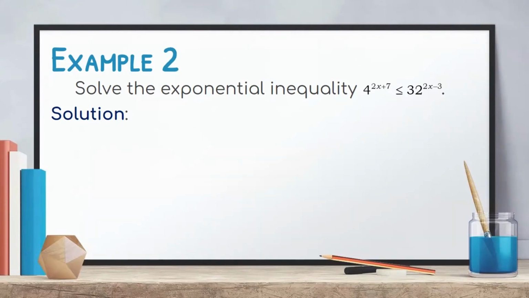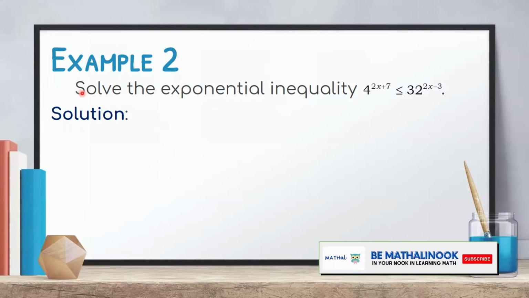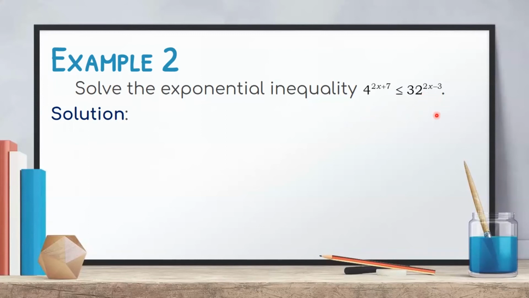Let us take another example. Solve the exponential inequality 4 raised to 2x plus 7 is less than or equal to 32 raised to 2x minus 3. From the given, notice that we have different bases, therefore we need to write them using the same base.